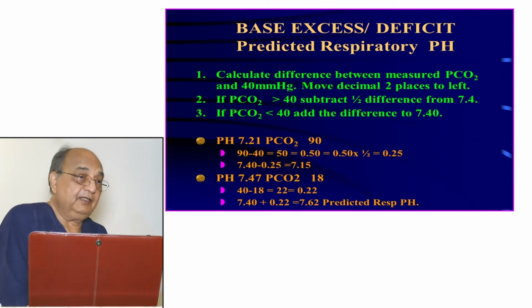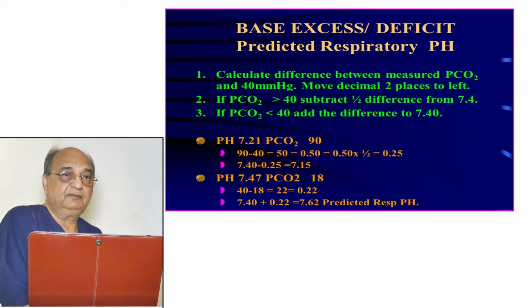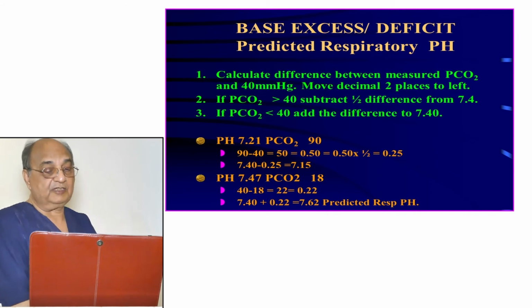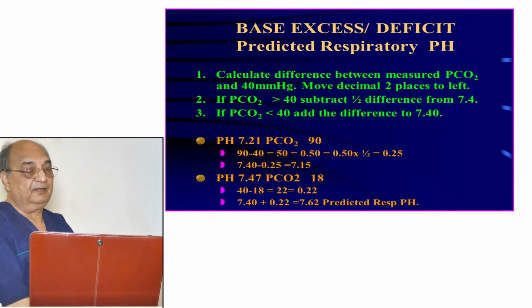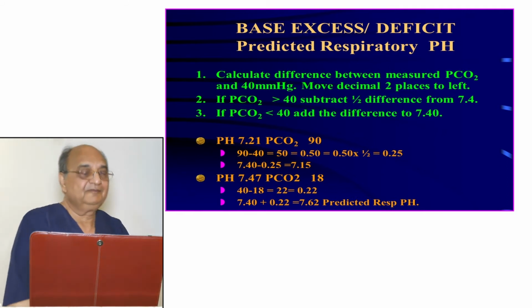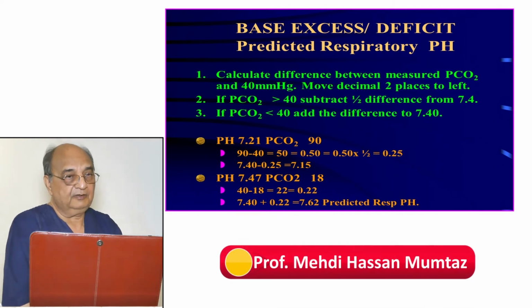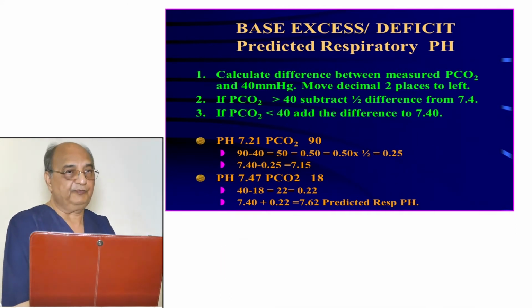It's very important if the ABG is in front of you and there is a mixed picture, you will have to see how much is the respiratory element in it and how much is the metabolic element in it. So to analyze it you will have to do some calculations. For example, if the pH is 7.21 and PCO2 is 90, what will be the predicted respiratory pH? You take the difference of PCO2: 90 is of this patient, it should be 40, the difference is 50.